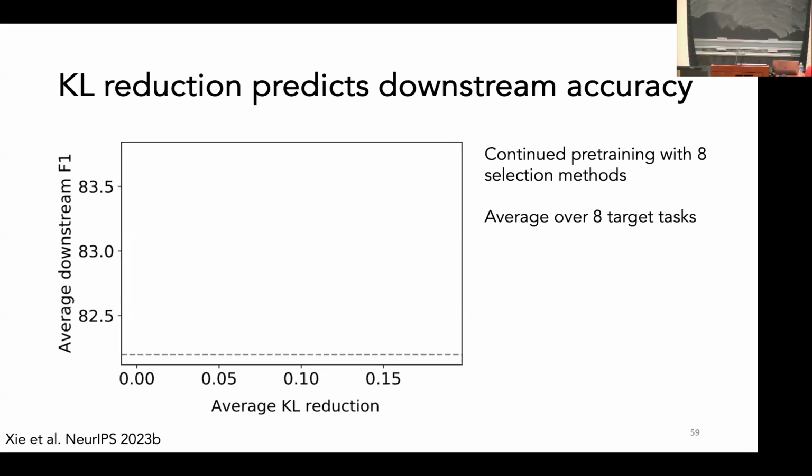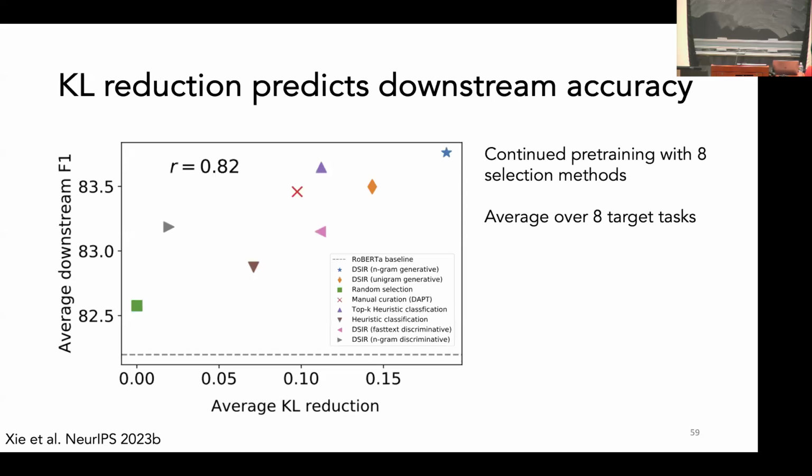We made this plot of average KL reduction versus average downstream performance on these 8 tasks. The gray horizontal line is just the average downstream performance of the base RoBERTa model without any continued pre-training. So here are the 8 data selection methods.